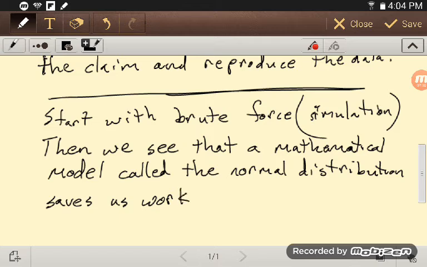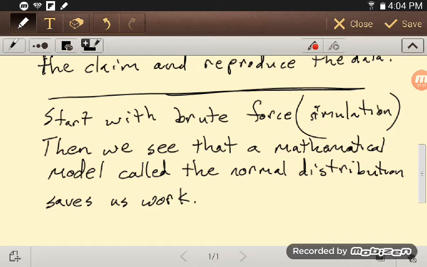That's always good. Math does tend to do that for us. It tends to save us a lot of work. It never feels that way while we're doing the mathematics, because that seems like a lot of work. But in the end, that's the whole idea of a lot of mathematical models and so forth, is they save us a lot of work.